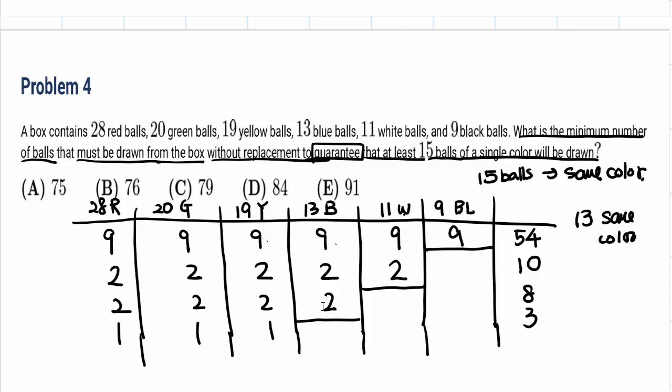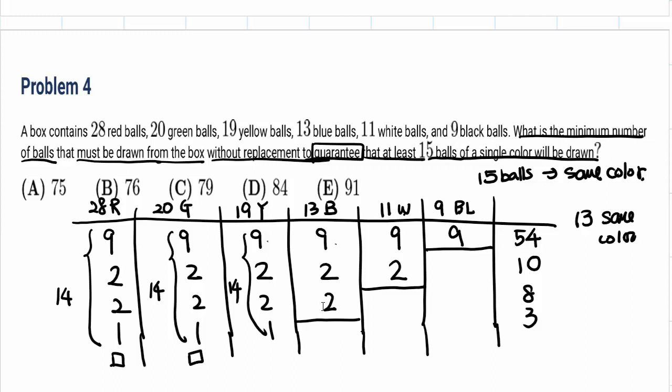Now we got 14 up to here. 14 balls out. So when you choose the next one, this ball or this ball or yellow, it's gonna be 15 balls, isn't it? So the next 1 ball guarantees there will be 15 same color balls.